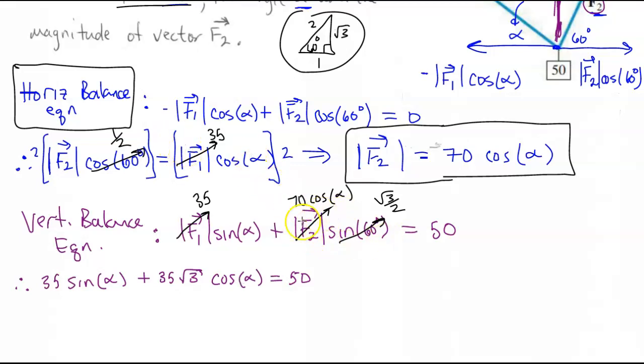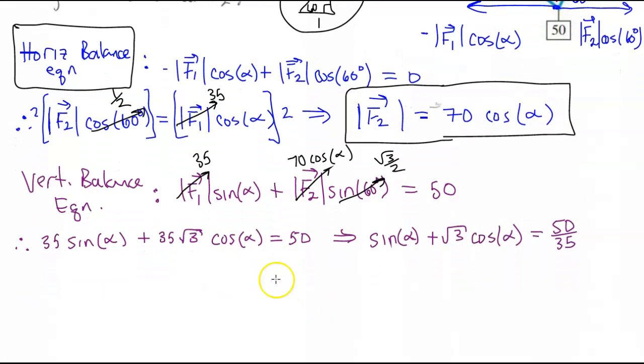So, all right, to do this, I notice here that this is 35 and this is 35 times square root of 3. So if I divide both sides by 35, then what I'm going to have here is sine of alpha plus square root of 3 cosine of alpha equals 50 over 35.